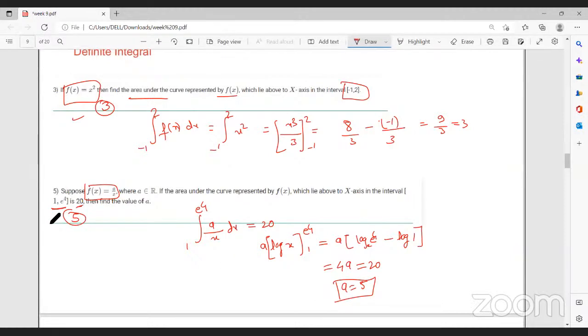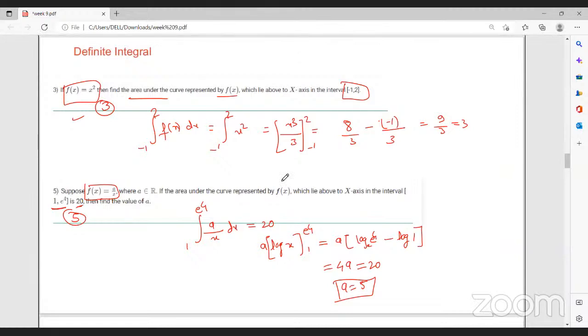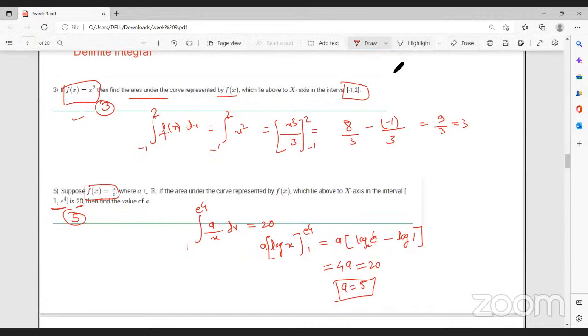Sir, in the above question, how does 8 by 3 minus of minus 1 by 3 come? Suppose we are calculating the integral of any function f of x from a to b, and the antiderivative of f of x is capital F. We have to put the values: F of b, the upper limit, minus F of a, the lower limit.